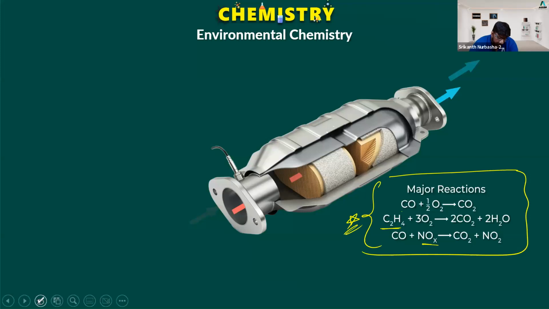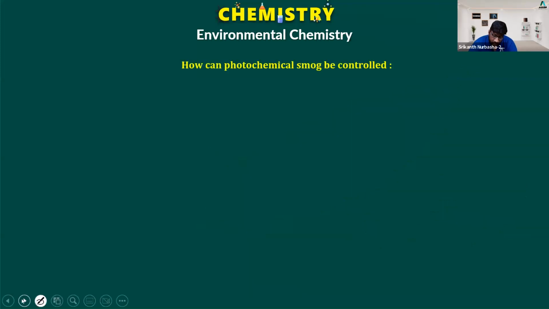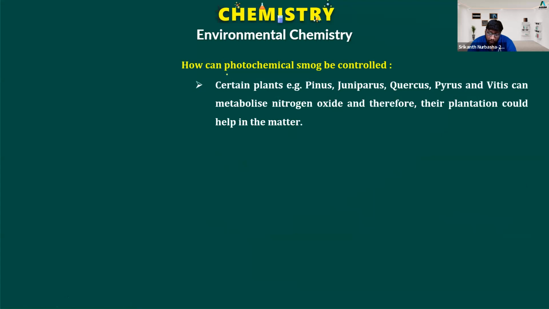So this is the catalytic converters way. How can photochemical smog be controlled? In that category, the first one is the use of catalytic converters. The second category is certain kinds of plants like Pinus, Juniperus, Quercus, Pyrus, and Vitis.